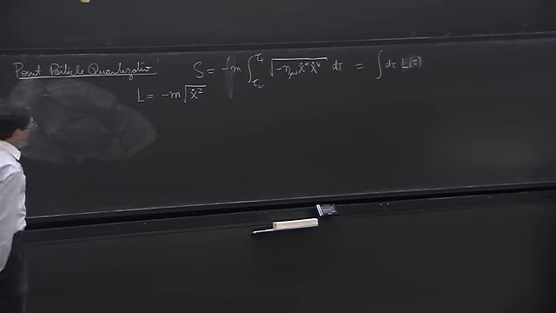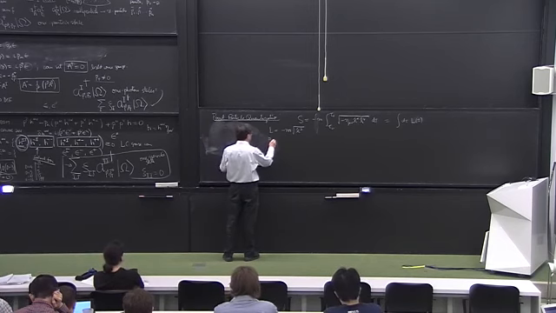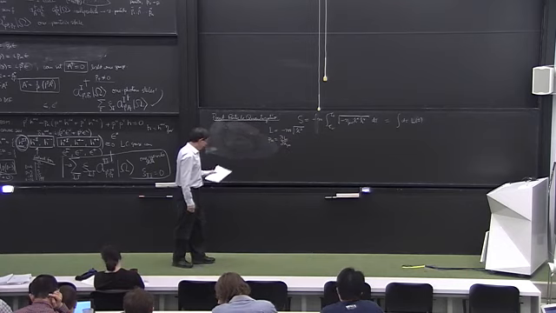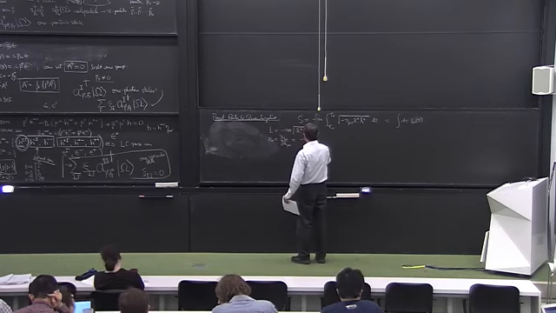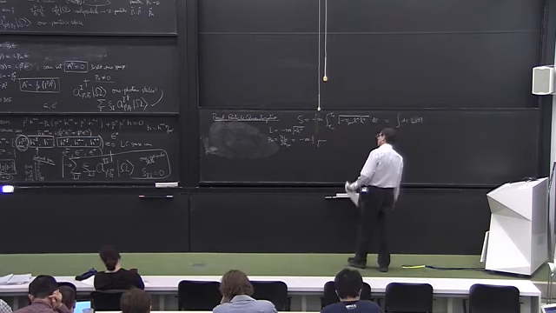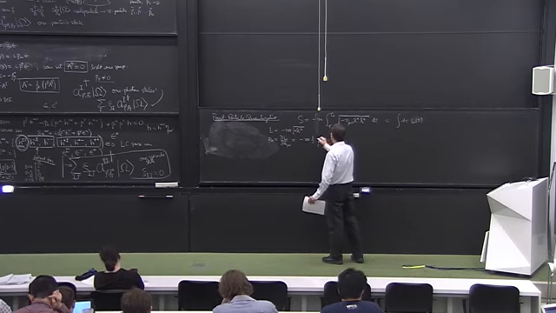If you want to do the canonical quantization, you say, what is the momentum? P mu is dL over dx dot nu. Well, we take this derivative, and this is minus m times 1/2 this, minus x dot squared.